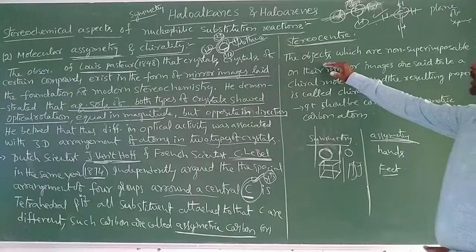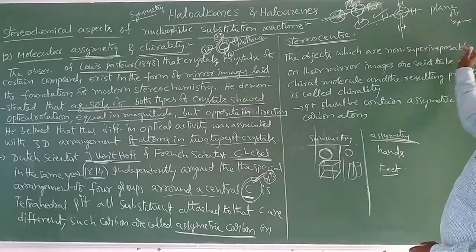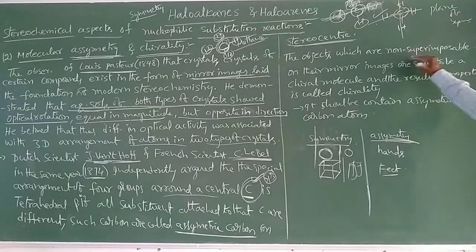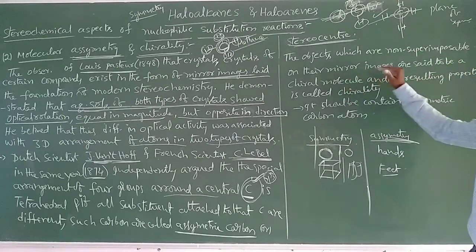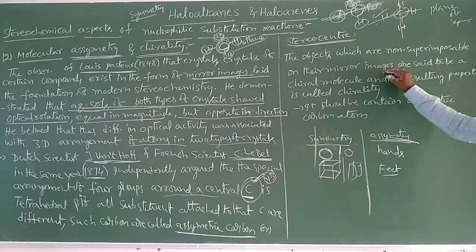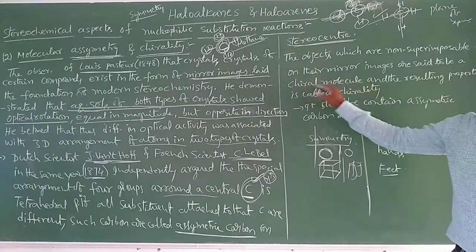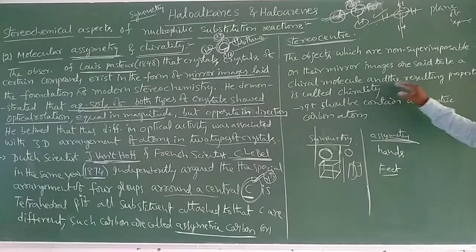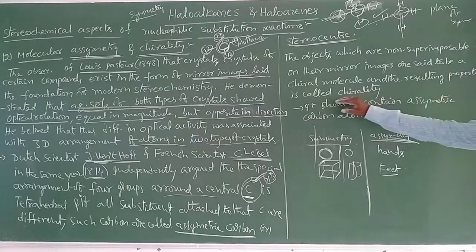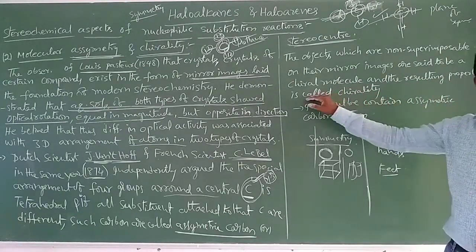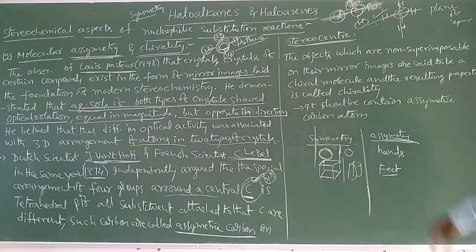So here the objects which are non-superimposable on their mirror images are said to be a chiral molecule. And the resulting property is called chirality.